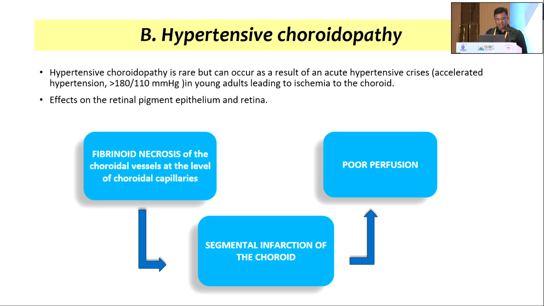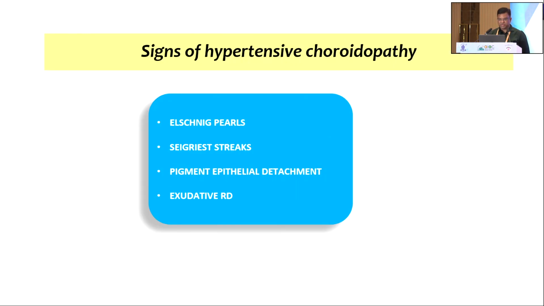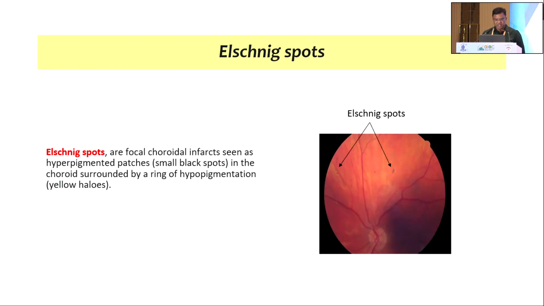And this has an effect on the RPE cells in the retina. So we have fibrinoid necrosis occurring in the choroidal vessels at the level of the choroidal capillaries, focal segmental infarction of the choroid, and that leads to poor perfusion. Signs of hypertensive chorioretinopathy include Elschnig spots, Siegrist streaks, pigment epithelial detachment, and exudative retinal detachment.